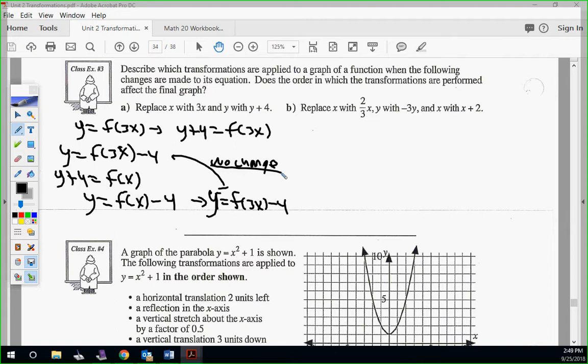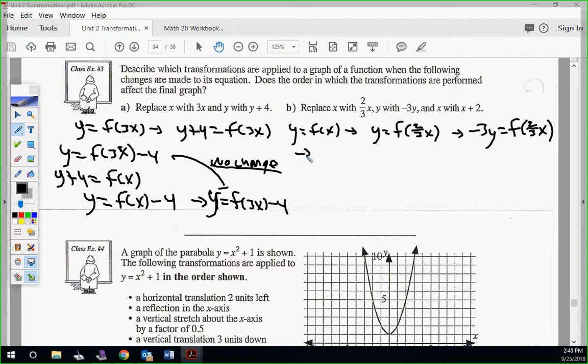Okay, let's do this one. The first one, y equals f of x, and then we're going to go to y equals f of 2/3 x. Then we have the negative 3y. And when I move that negative 3y over here, that makes it what?